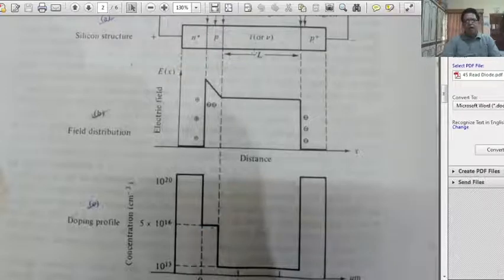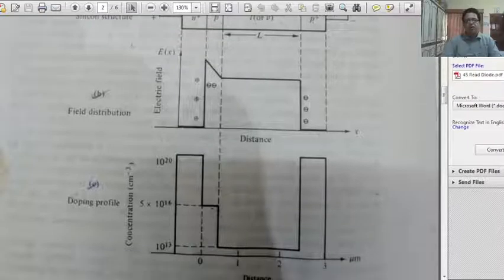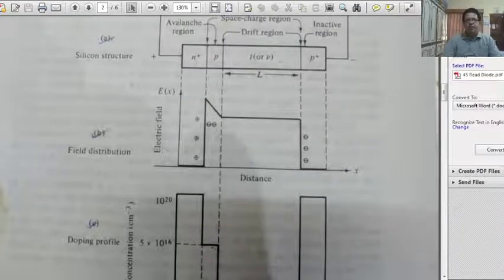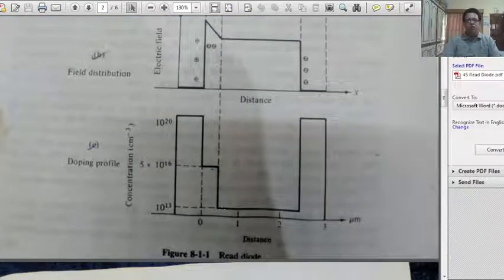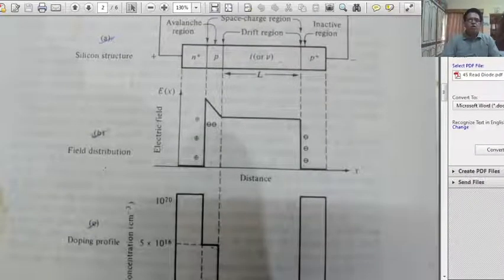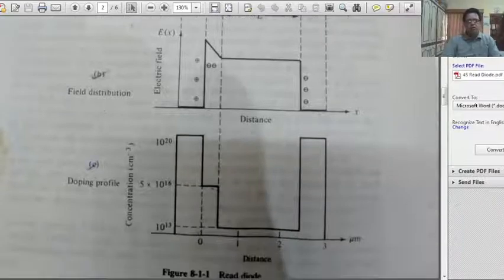And this is the drift region, very small doping. This is the region where I or nu, we are using the term, that is very small. So these are the figures for the Read diode. This is the structure, and after that in B the field distribution and in C the doping profile are shown.